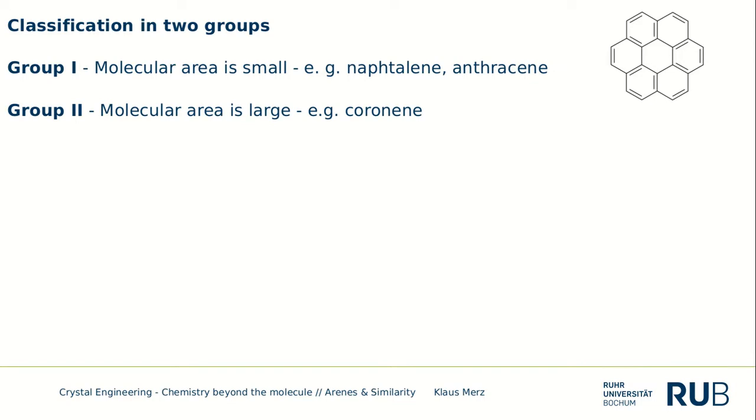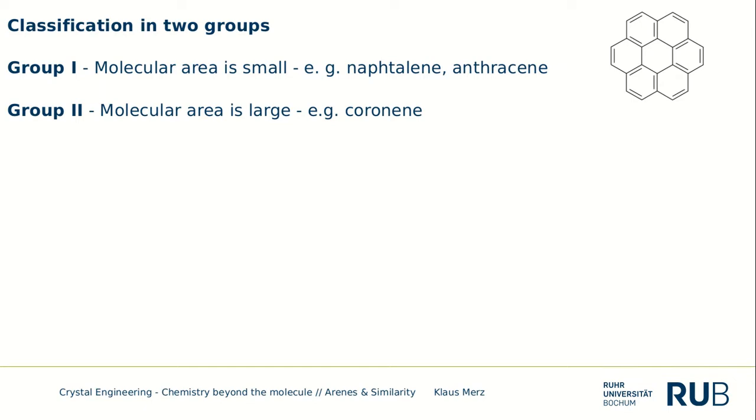This systematic study of Robertson was really a great effort, because at this time, 1951, we needed several weeks, months to measure and to solve one crystal structure. I think you know today you need only some minutes to get a crystal structure. It's really a huge effort.